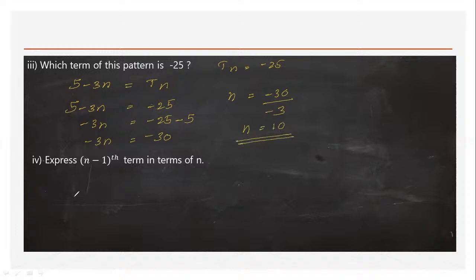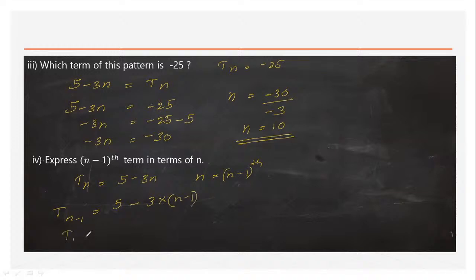Express the n minus 1 term in terms of n. Then we can write here: Tn equals 5 minus 3n. The term is given, n equals n minus 1. Then we have to find Tn minus 1 equals 5 minus 3 times n minus 1.